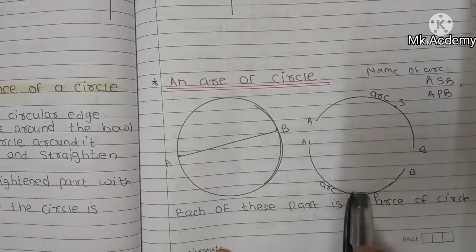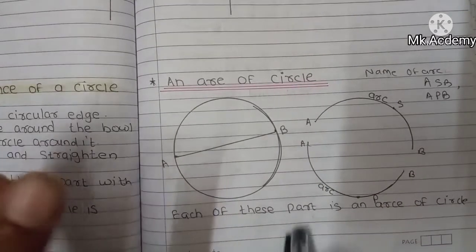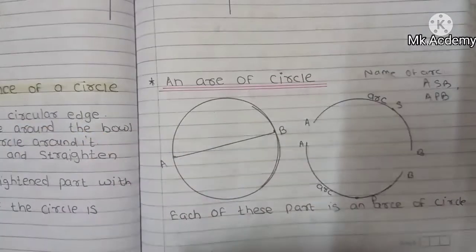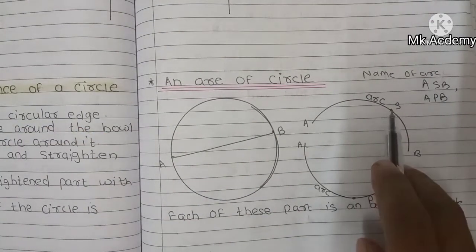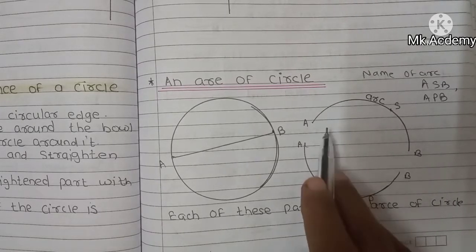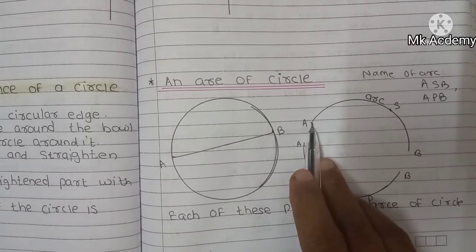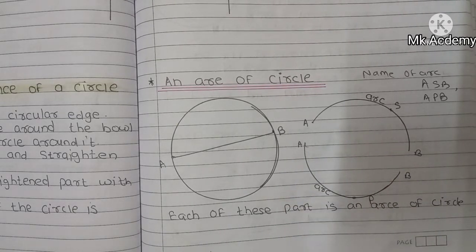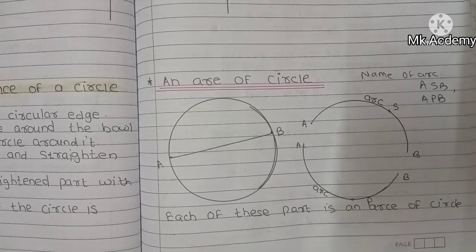To tell which part, I can write points S and P on the arcs. Then we call this arc ASB and this arc APB. Each of these parts is an arc of the circle. Understood the concept of arc?